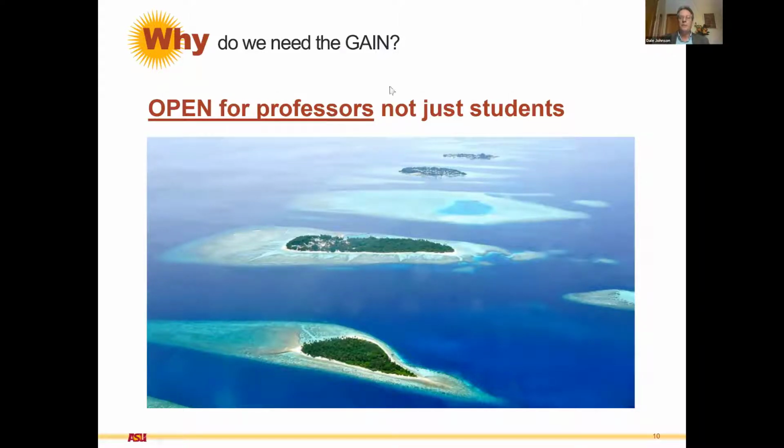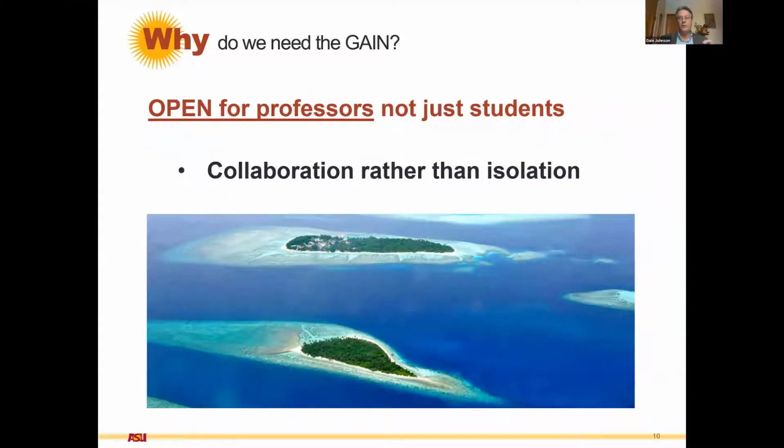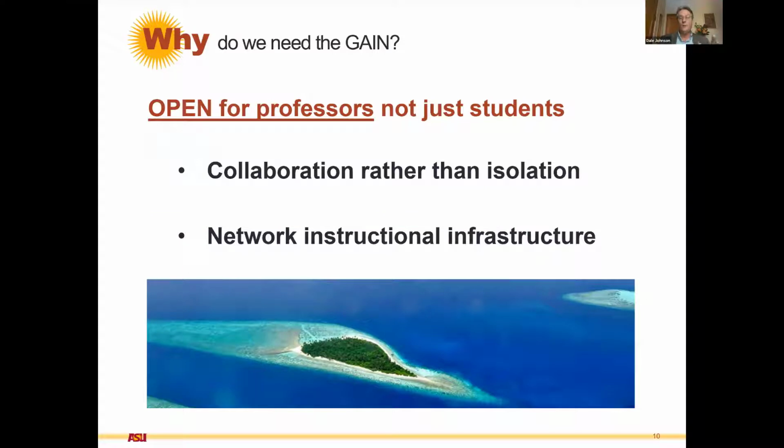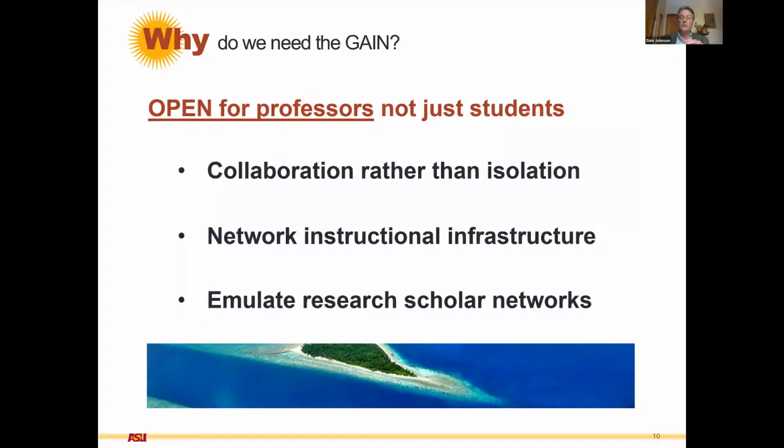When we think about massive open online courses, we think about open for students. But what this model is going to look at is how do we open that up for professors? How do we create an environment where we're not dealing with islands that are isolated any longer, where we've got collaboration between faculty members, where there is a network instructional infrastructure, where we can emulate the research scholar networks.